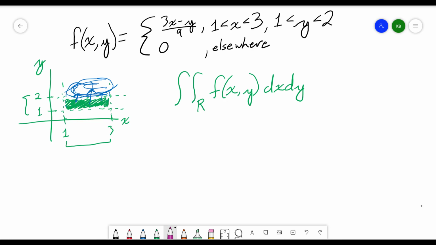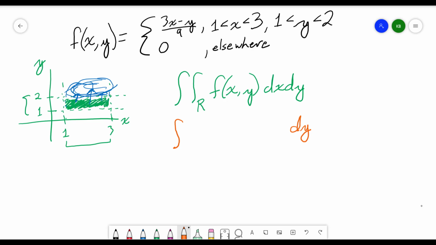Now I'm going to try and color code to make this easier so we know what's working with what. Every time that we're dealing with y, I'm going to make it orange. Since y falls outside of x here, we're going to be integrating with respect to y on the outside of our function.